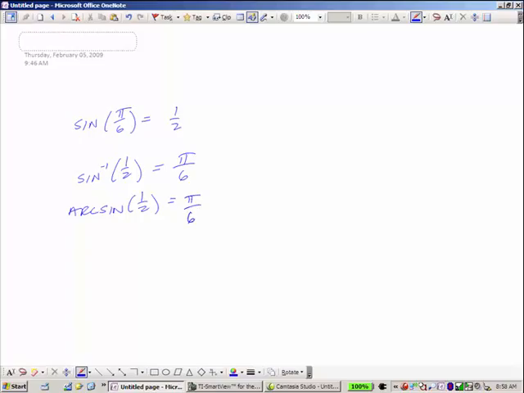Does anyone want to give me a different answer? No, you could say 30 degrees. Close, but not right. Your thinking is on the right path. You just picked the wrong angle because it's positive 1/2 and not negative 1/2. Nope.